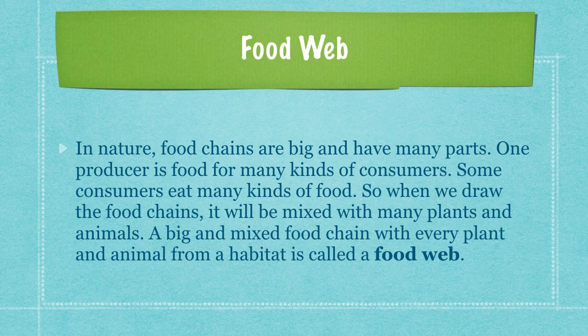And some consumers eat many kinds of food. Correct. So when we draw the food chains, it will be mixed with many plants and animals. A big and mixed food chain with many plants and animals from a habitat is called a food web.